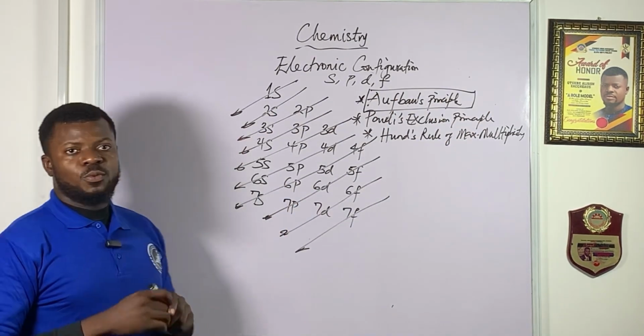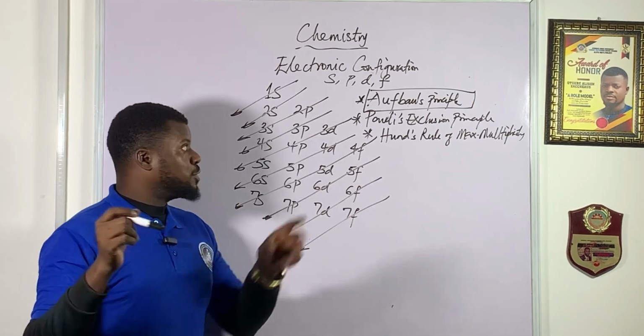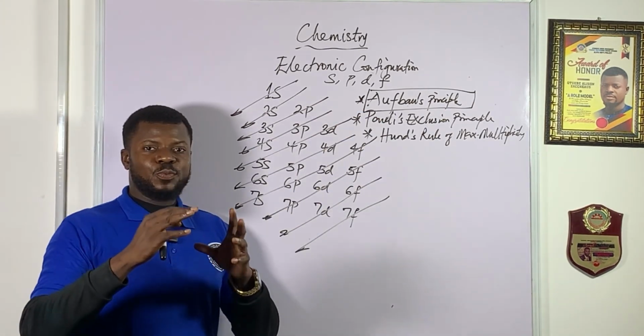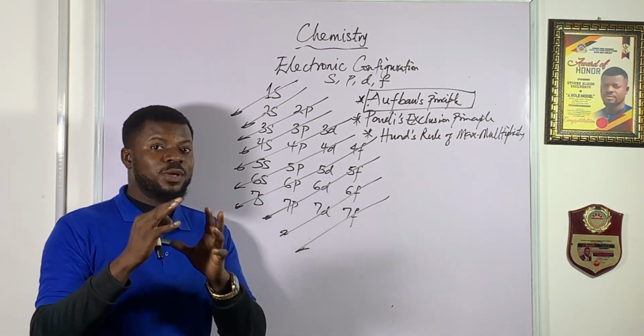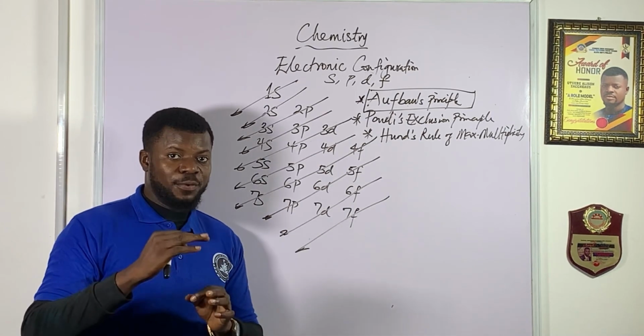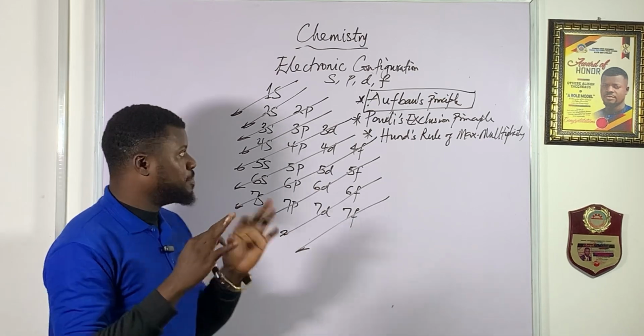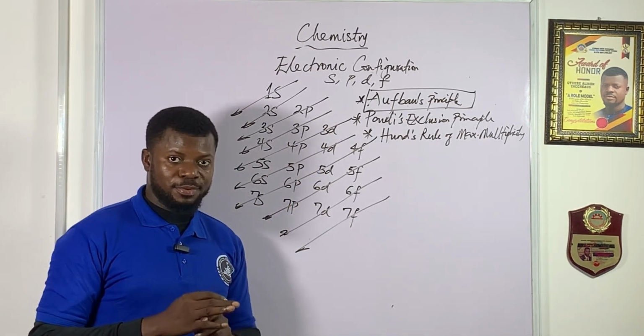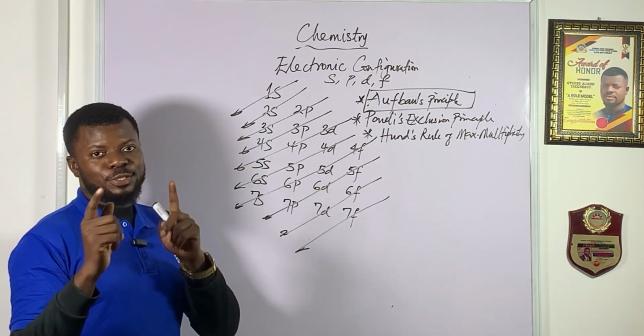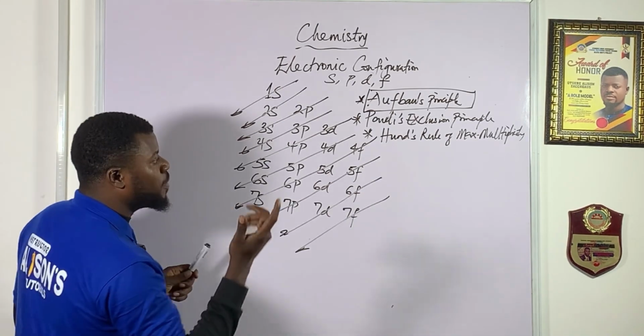You can see, what does this rule state? This rule states that electrons will occupy orbitals of lowest energy level before the higher energy level. That is the principle called the Aufbau principle. Now, the next thing you need to understand is these orbitals we are mentioning.